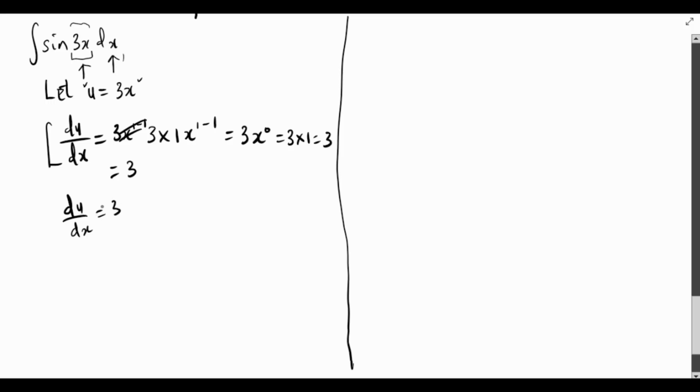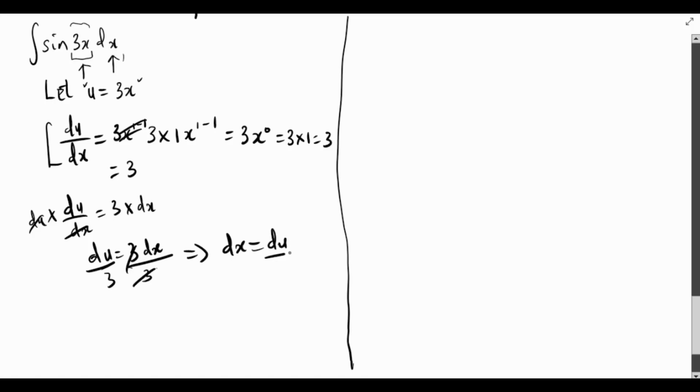We need to make dx the subject of the formula. So we'll multiply both sides by dx, right? And this cancels out. So du is 3 dx. And then we divide both sides by 3 just to make dx the subject. So dx will be du divided by 3.